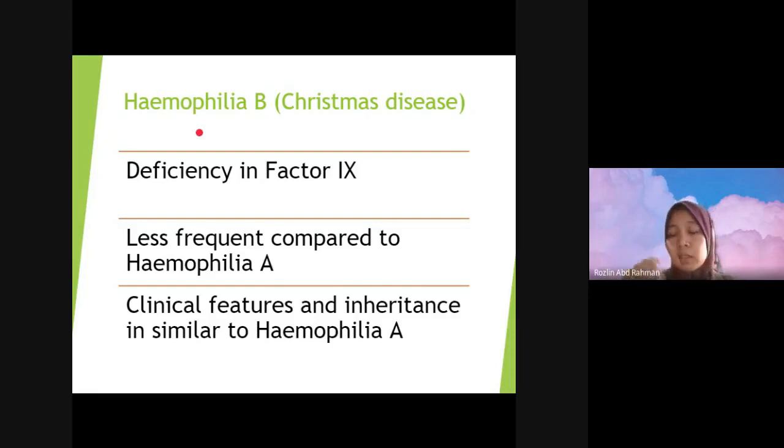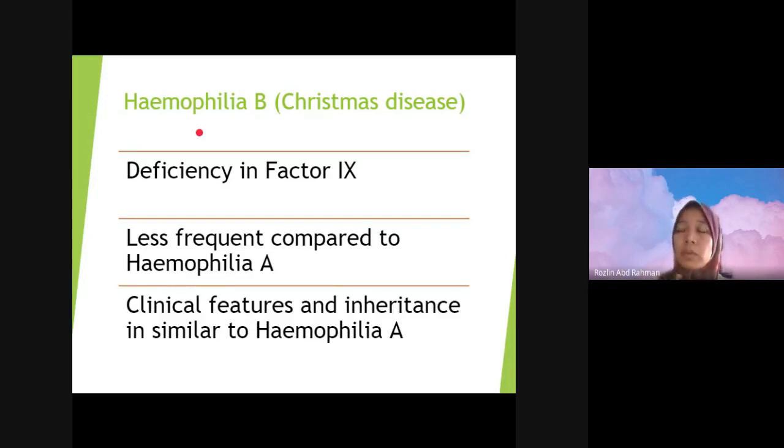Because it is inherited in a recessive X-linked manner, males primarily are affected and become symptomatic, while females are usually carriers. This condition was known to be transmitted among the European royal families who were descendants of Queen Victoria of the United Kingdom.